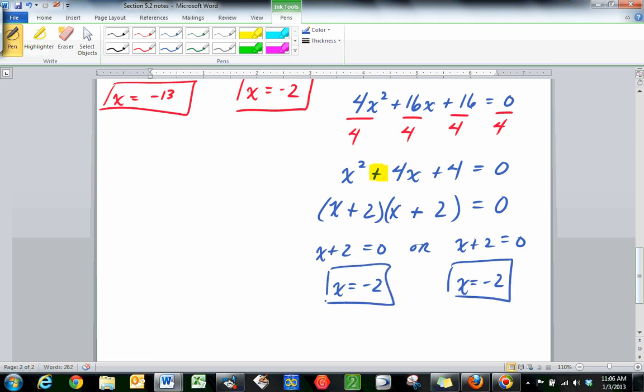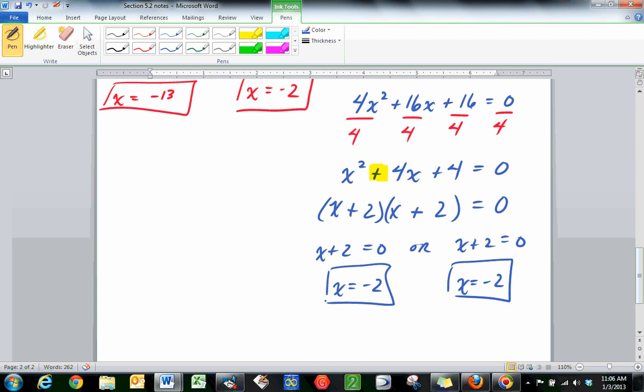Now this creates a little bit of a question mark. We're supposed to have 2 distinct solutions because it's a quadratic equation, so the degree is 2, but our 2 solutions actually end up becoming the exact same thing. They both equal -2 here. So let's see what that looks like graphically.